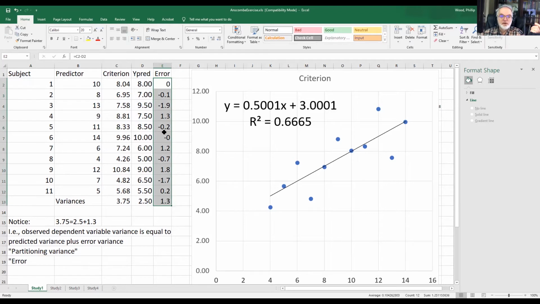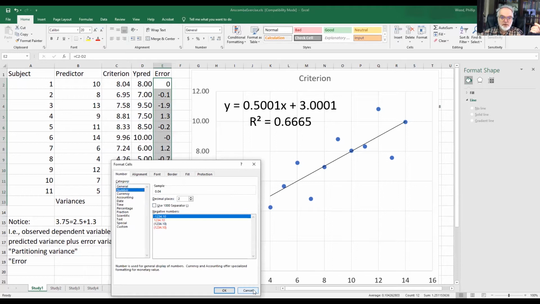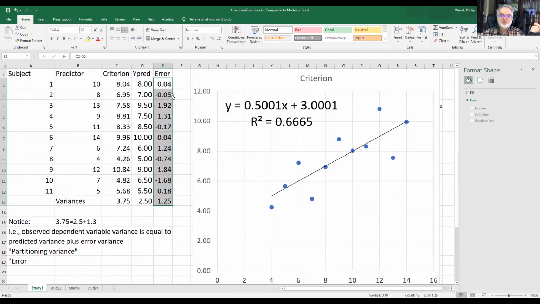Let's fix that and make it 2 decimal places really quick so everything adds up nicely. There we go. And the same way I can repeat and do that for everybody in my study. So here the actual value was higher than my prediction, so my error was 1.31.